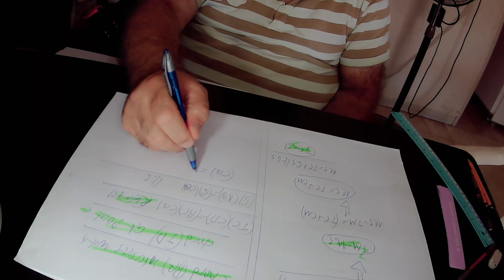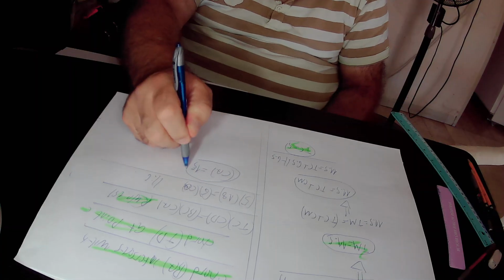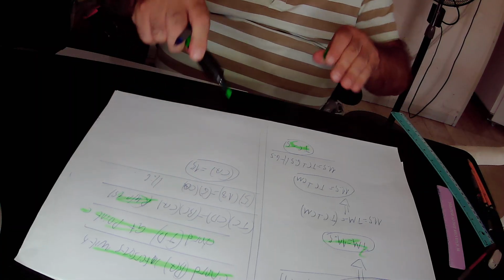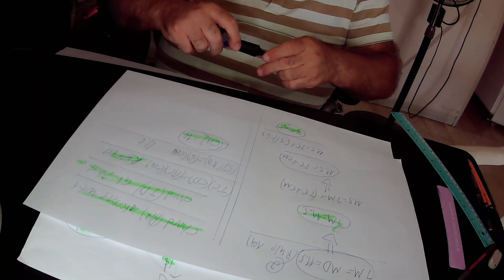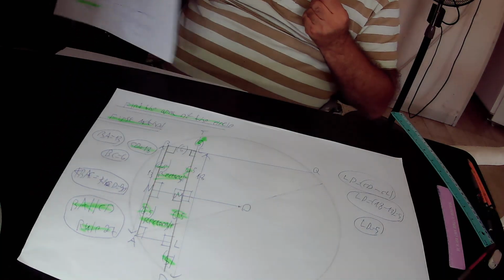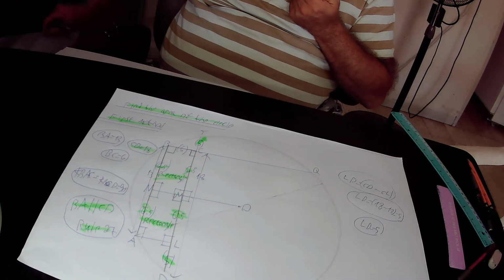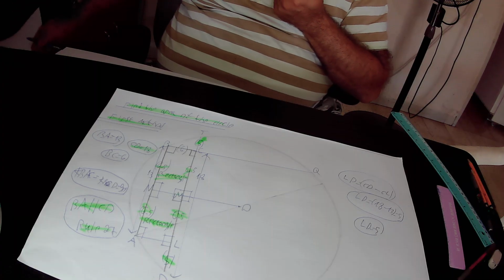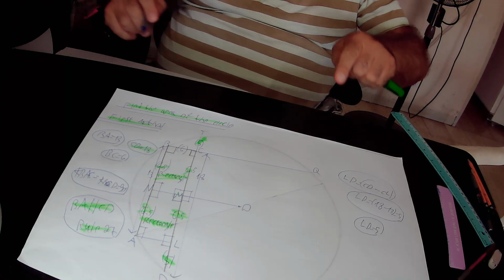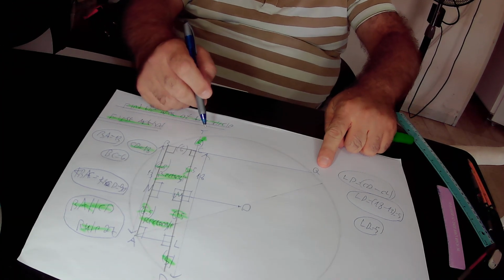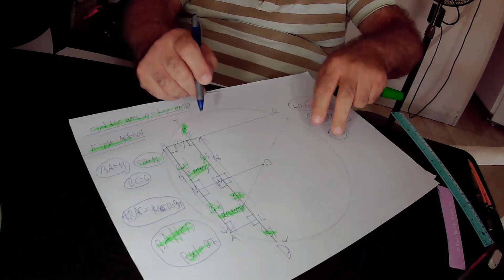So CQ equals 15 units in its length. This is line segment CQ, that equals 15 units in its length.